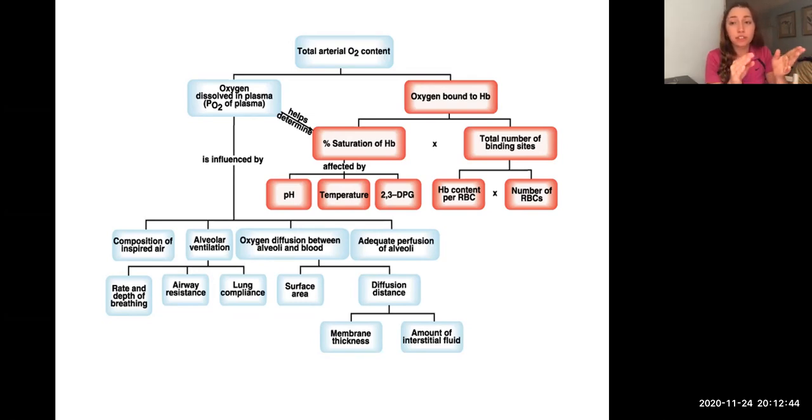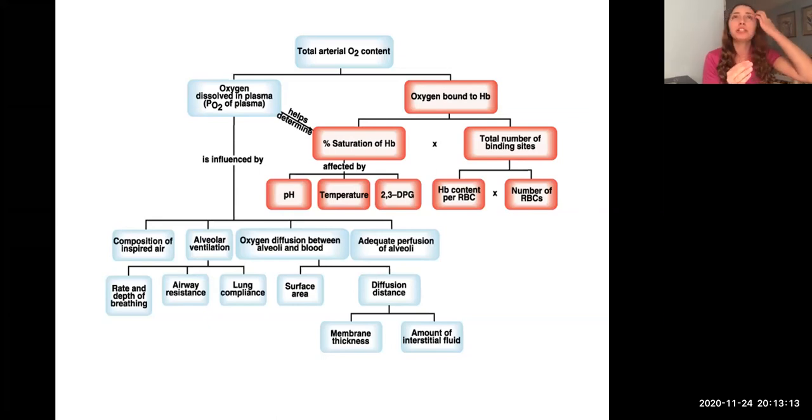If there is less surface area, that's also not good for gas exchange. If they said airway resistance or lung compliance, or an airway obstruction? Yeah, that would be, because if you can't get oxygen to your alveoli, you can't assist in gas exchange.